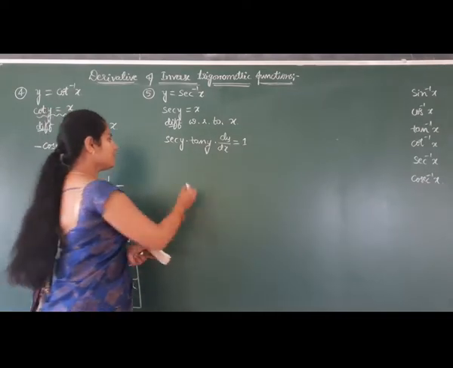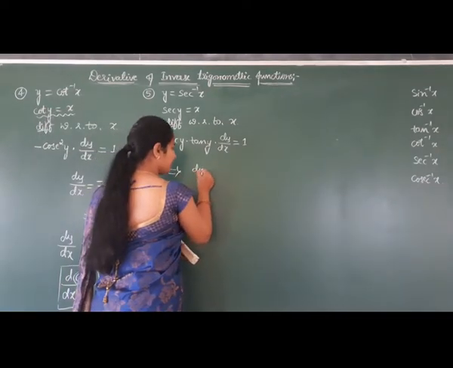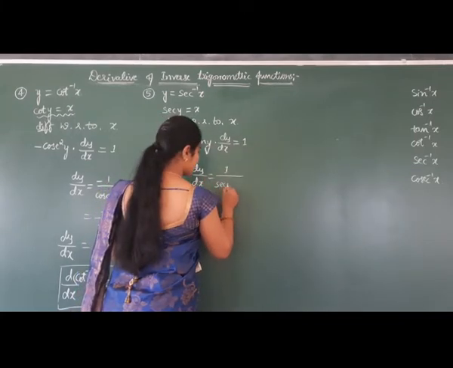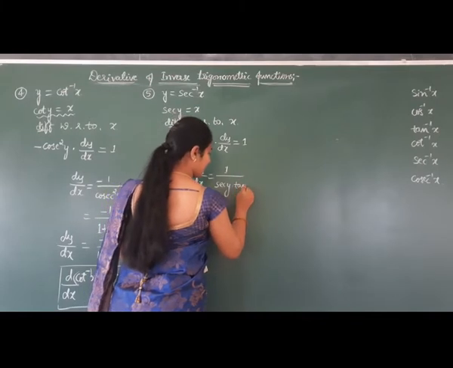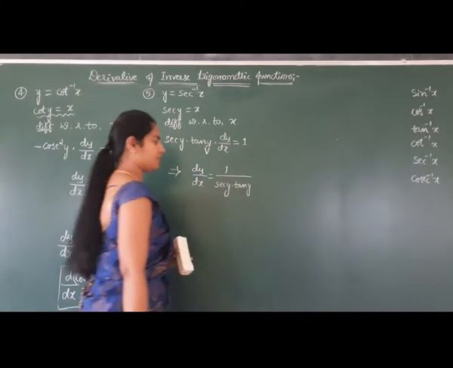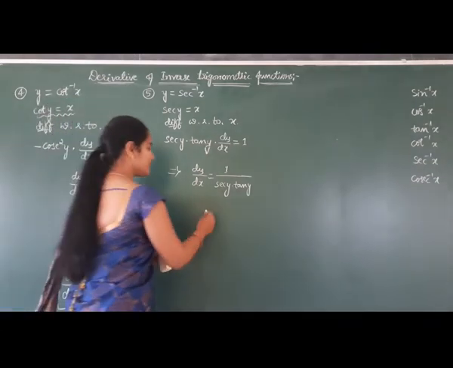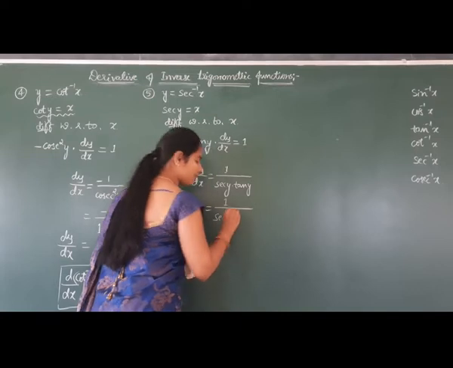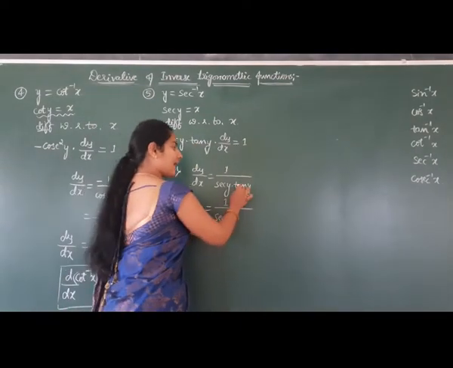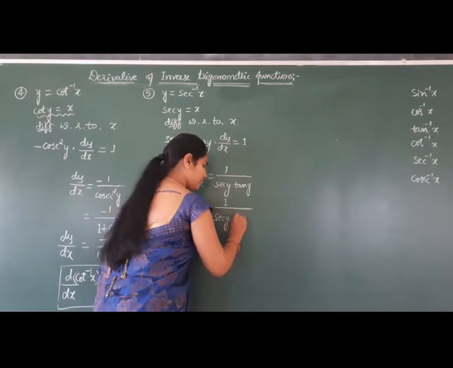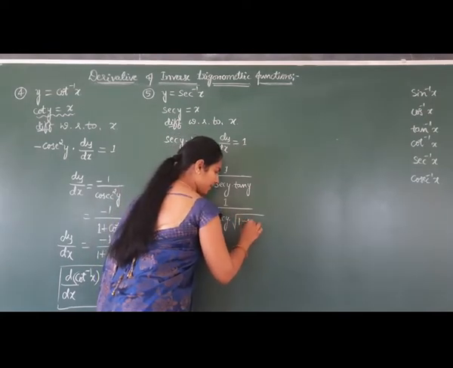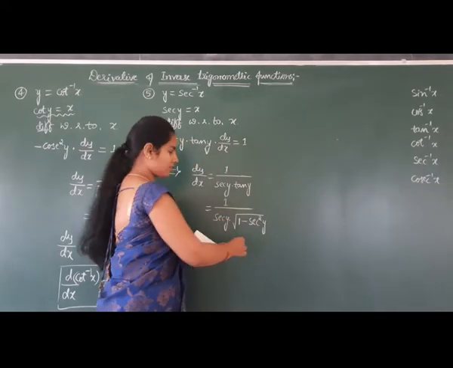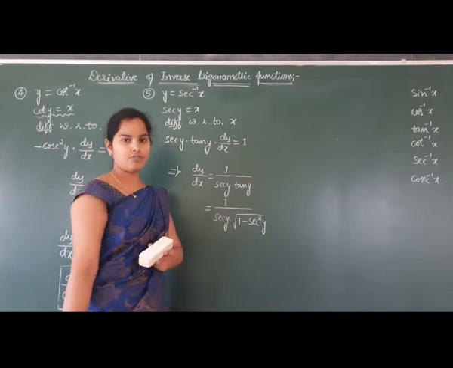Okay, so this implies dy by dx is equal to 1 divided by secant y into tan y. Here tan y is square root of secant square y minus 1, right?